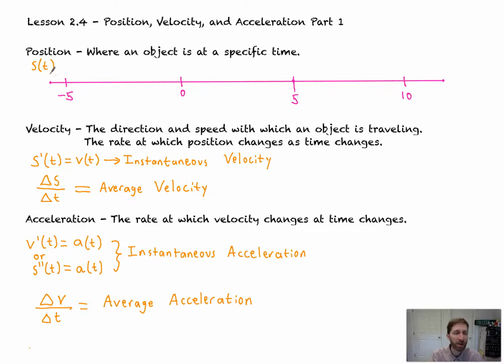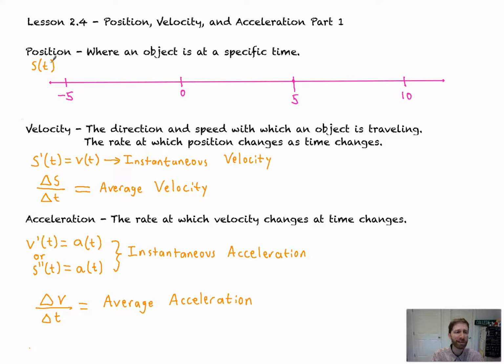As for the notation, you'll often see notation like S parentheses t, or S of t for the position. Sometimes it's X of t or Y of t, and that's the position. S prime of t is the derivative of position. That is velocity, instantaneous velocity, which makes sense.